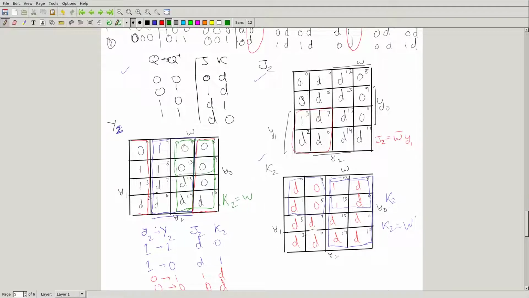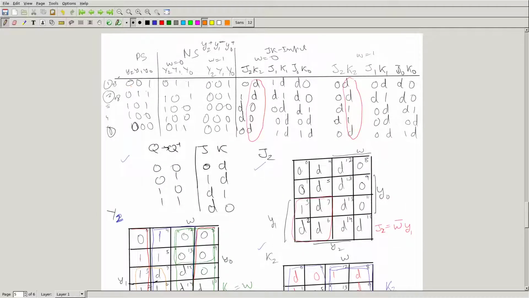So that will give us the formula for K. Now we want J2, so this should be 0.